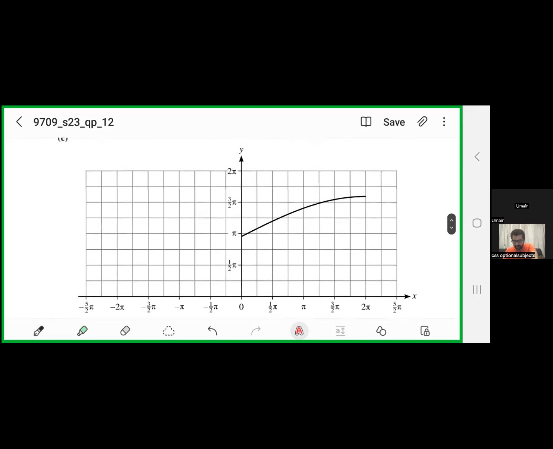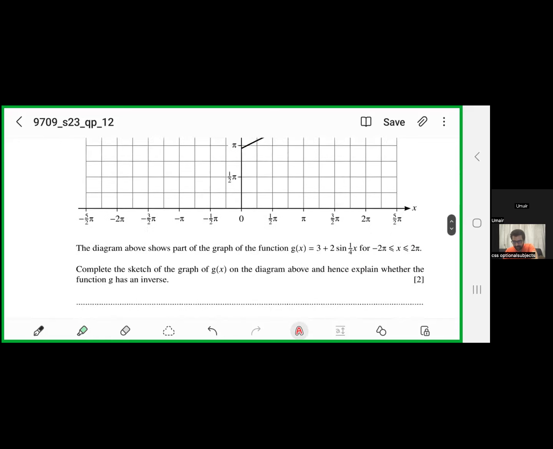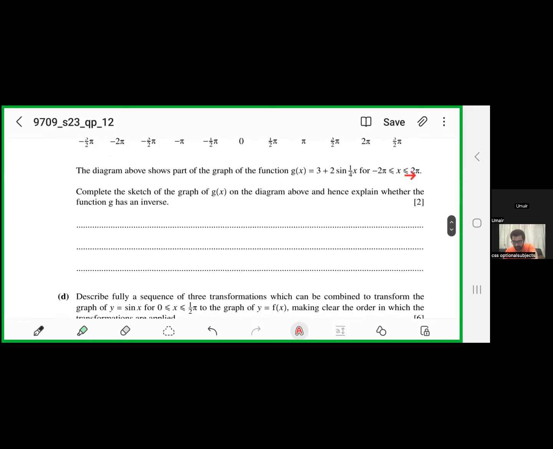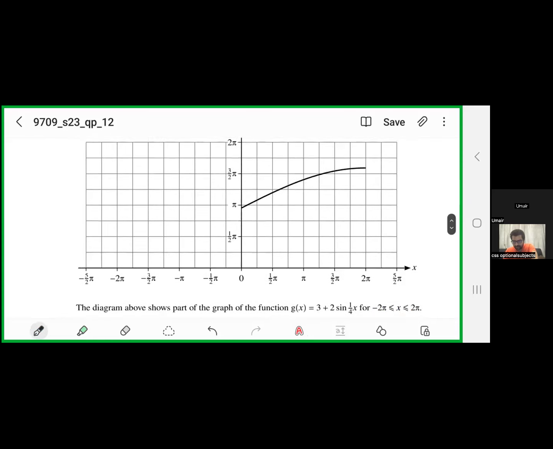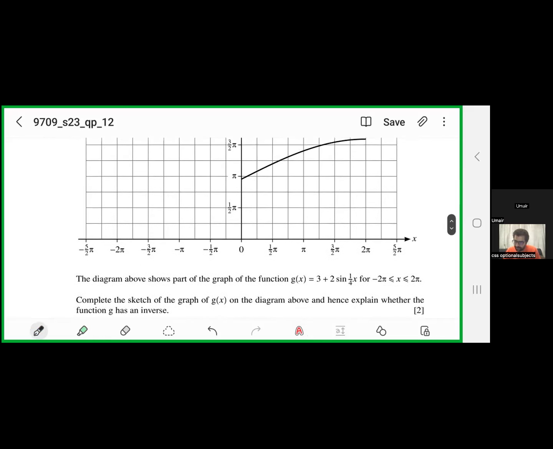First of all, if we see the graph, this is on the positive side, from 0 to 2 pi. One section is drawn from 0 to 2 pi. From 0 to minus 2 pi, we have to draw this one. So this must be an increasing graph. So we have to calculate the various values of x and y.